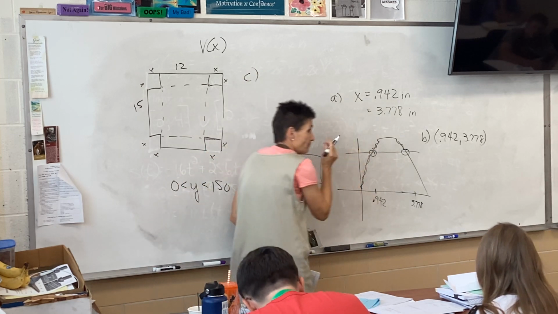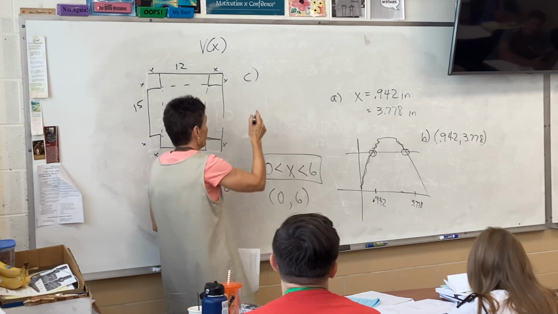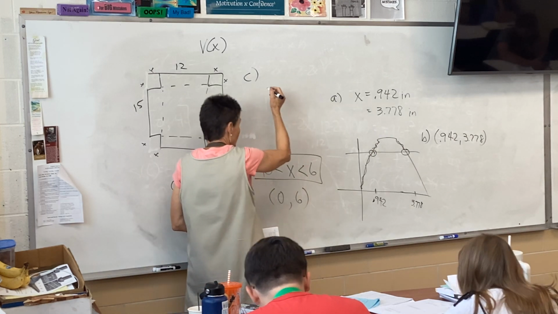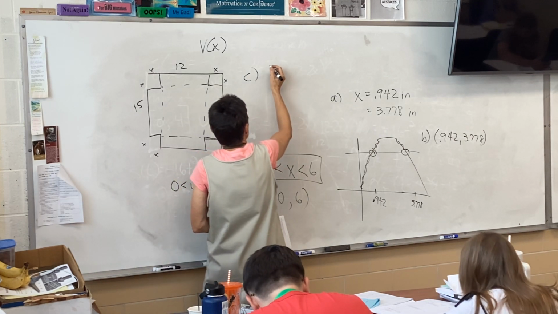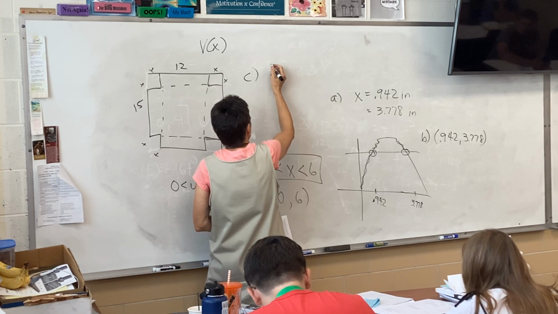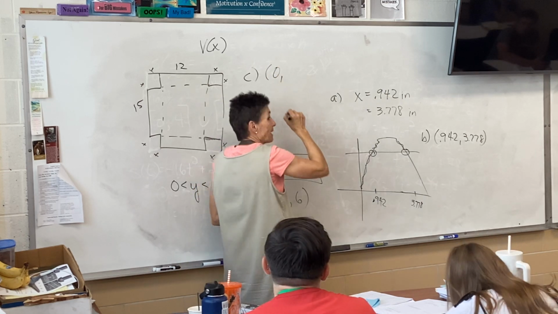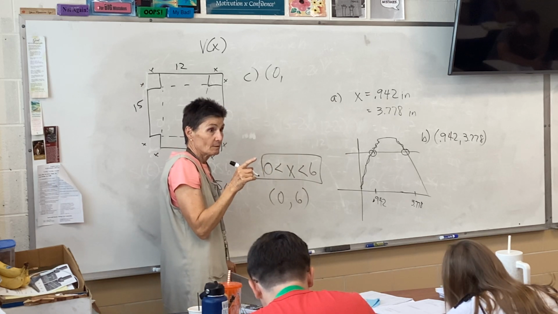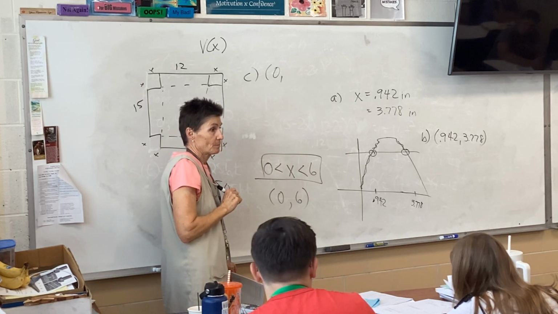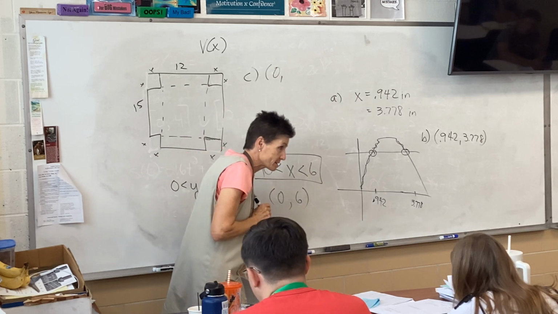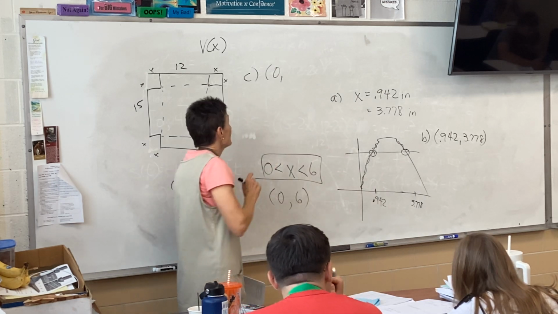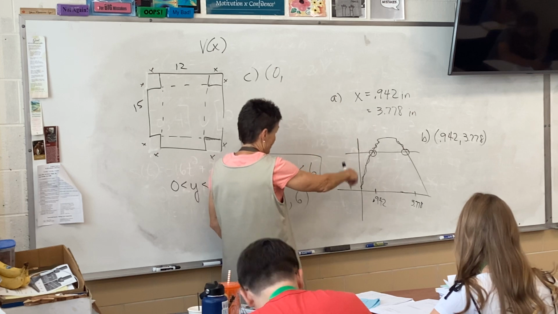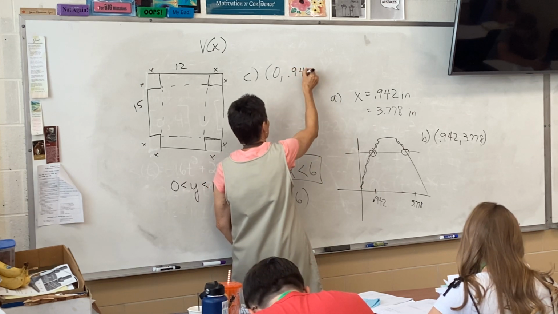That's this, right? So, am I gonna open or close my zero? Open. X can't be zero in this problem. Right? What happens if x is zero? You no longer have a box, so it's not gonna be zero. So zero and then 0.942, bracket or parentheses?